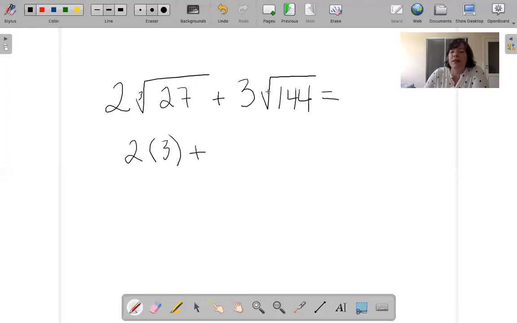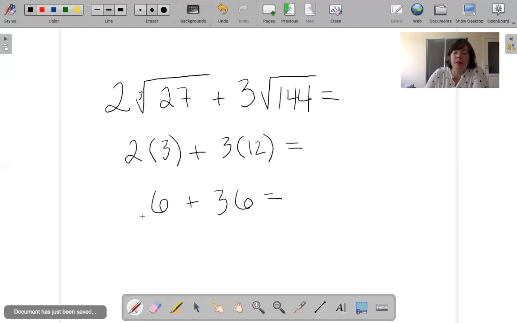Plus, the square root of 144 is 12. 12 times 12 is 144. 3 times 12. 2 times 3 is 6. 3 times 12 is 36. 36 plus 6 is 42.